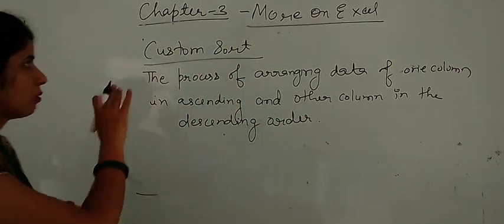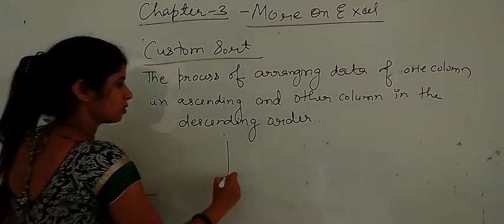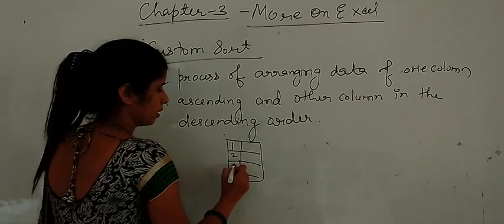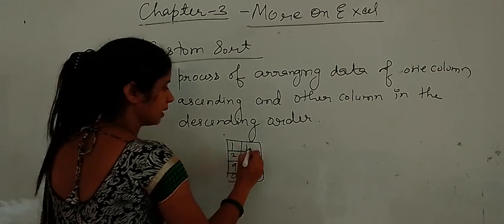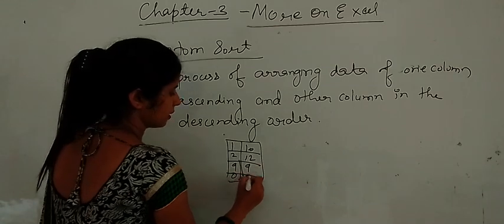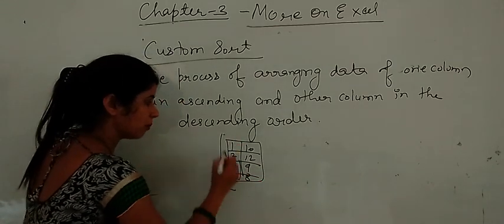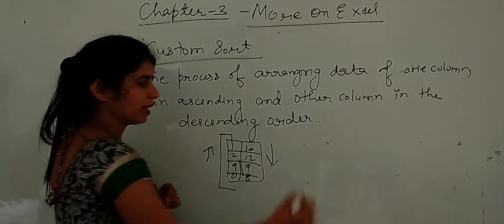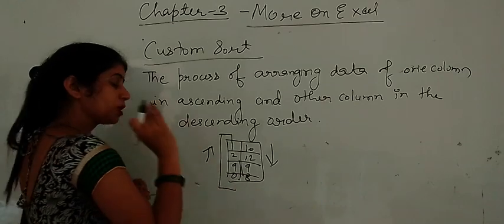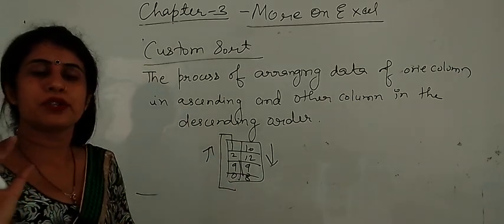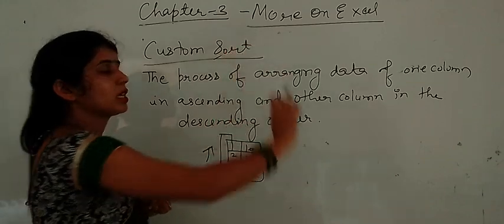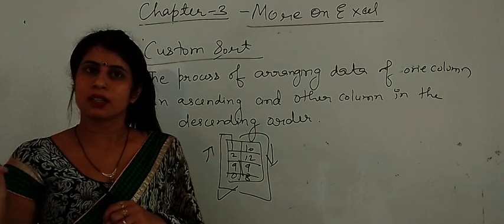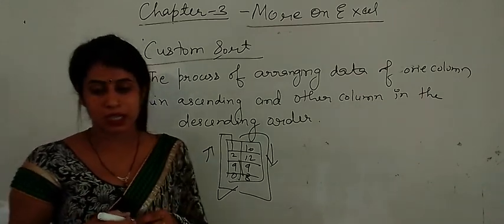So it is known as custom sort. Suppose I have data here, in the first column I have data, and I want to sort one in ascending and one in descending. So how can we do the custom sort?